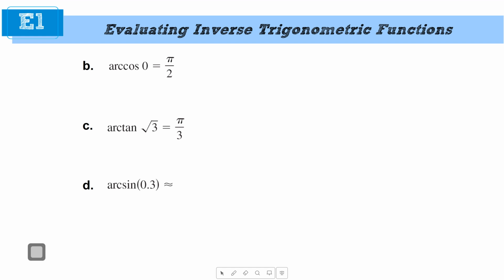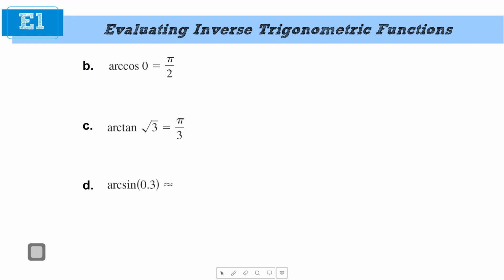Is 0.3 on the unit circle? No, then you pick up your handy dandy calculators. You make sure you're in radians mode. I don't know why you wouldn't be in radians mode, but just check to be sure.